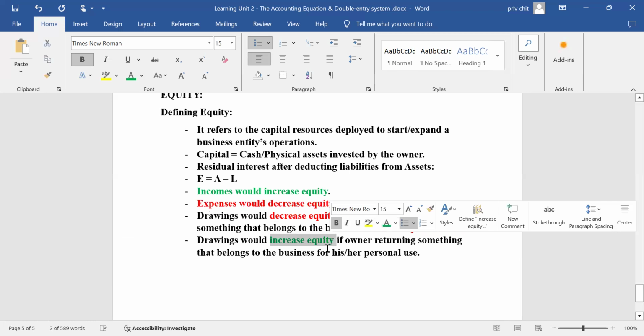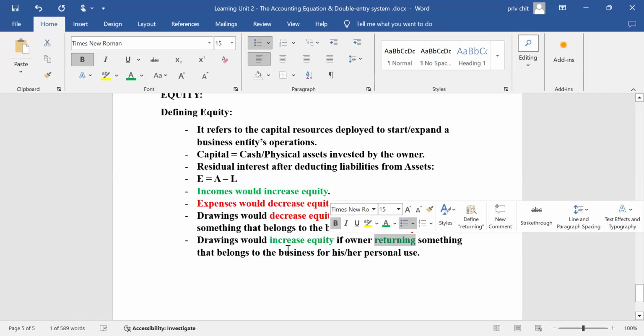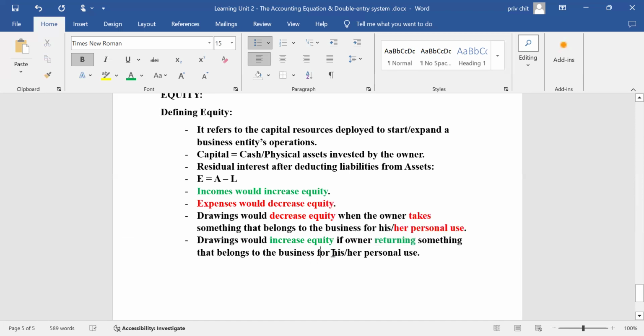So it has two effects. It would increase equity if the owner is now returning something that belongs to the business, which he or she had initially taken for personal use. Notice, let's say you are running your business, Matu, and then you decided to invest 50K.